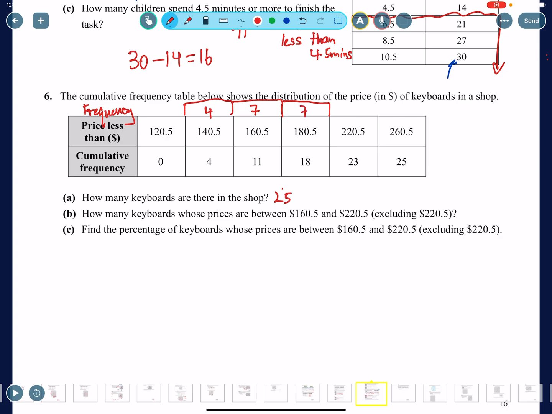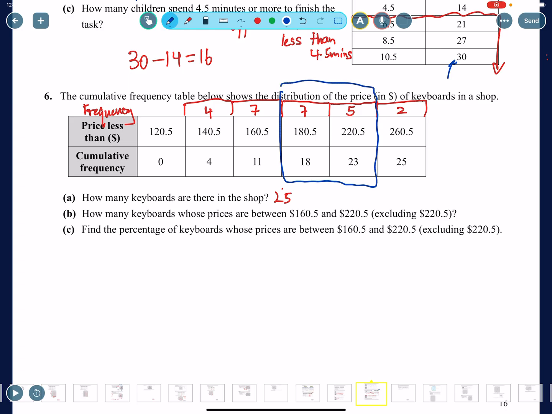So there's another 7 here. And then from 18 to 23 is adding 5. And finally, there's 2, right? So in the normal frequency distribution, it's 4, 7, 7, 5, 2. If you add all of them, it should be equal to 25. So now it looks way easier to understand.